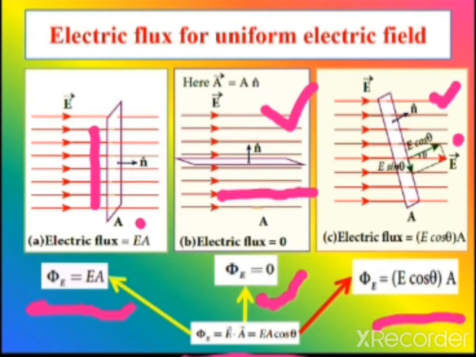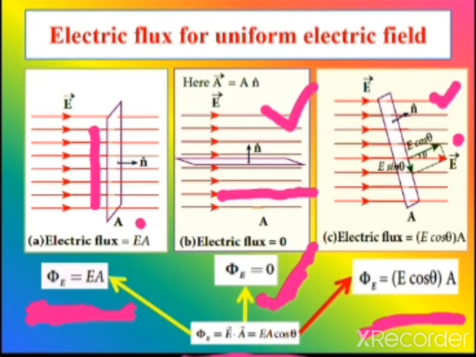In the first case theta is 0, and cos 0 is equal to 1, so the value is EA. In the second concept, theta is 90 degrees, cos 90 is equal to 0, so the total value is 0. In the last, phi is equal to E A cos theta.